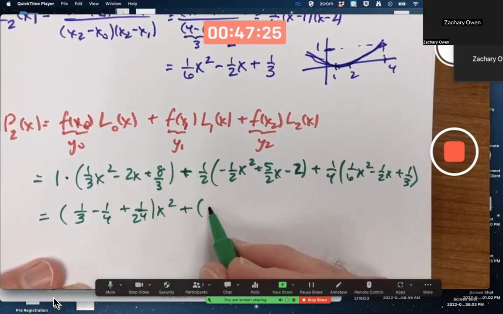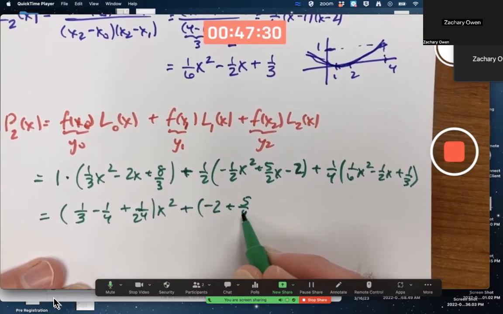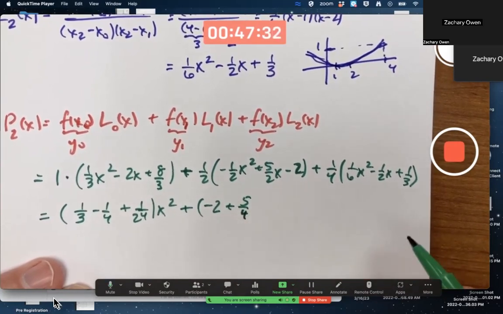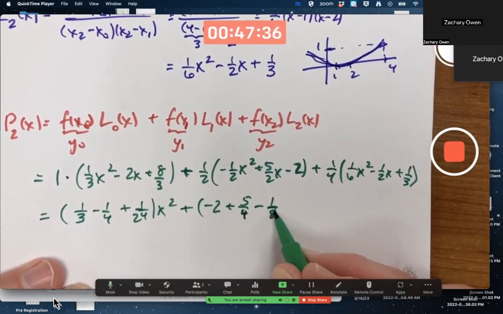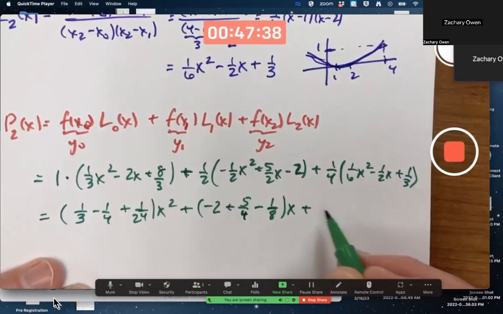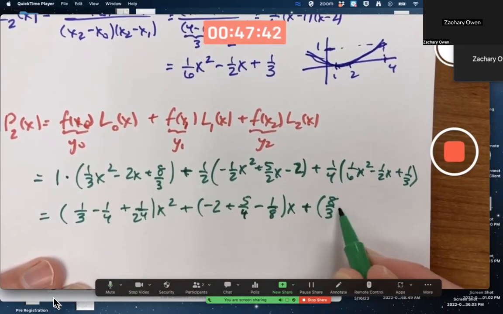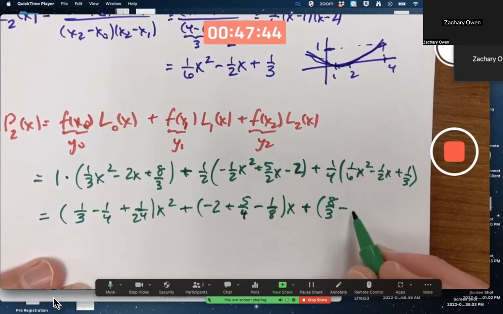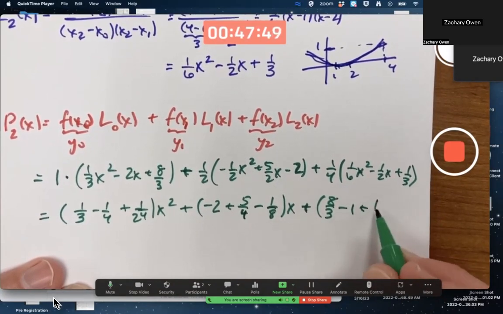The x term is going to have a coefficient of minus 2 plus 5/4, 1/2 times 5/2, minus 1/8, it looks like. And then the constant term is going to be 8/3. 1/2 times negative 2 is negative 1. And then 1/4 times 1/3 is 1/12.